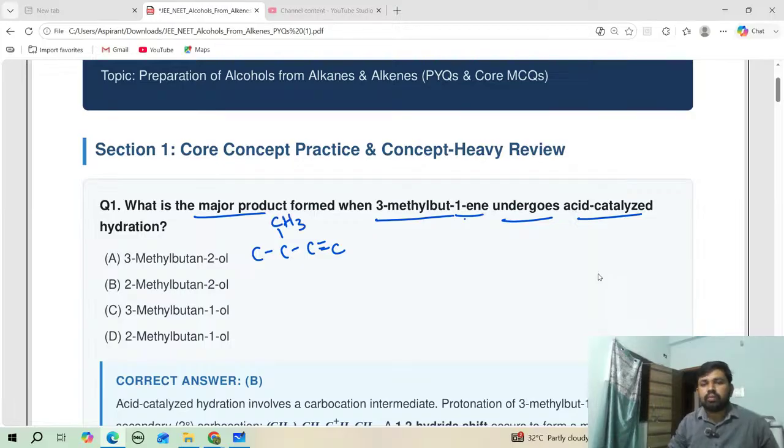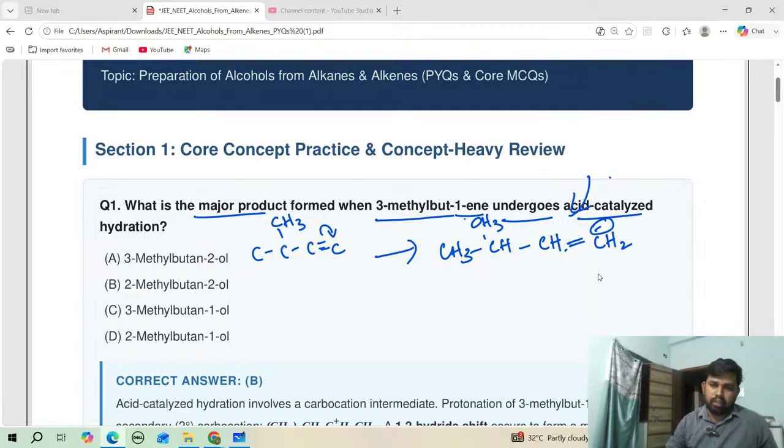Acid catalyzed reaction. First we form CH3 CH, then CH3 group here. Then CH shifted, CH2 CH shifted here. It now forms a CH2 negative. There is an addition of H plus ions.